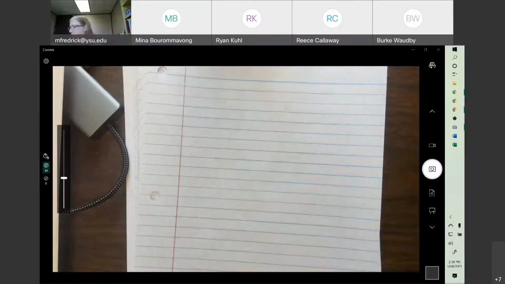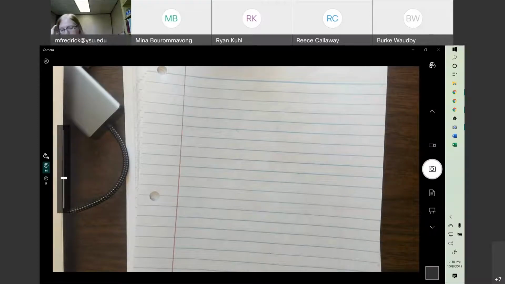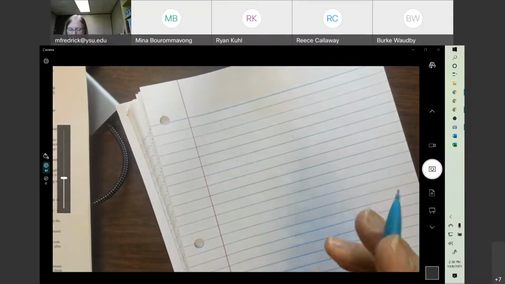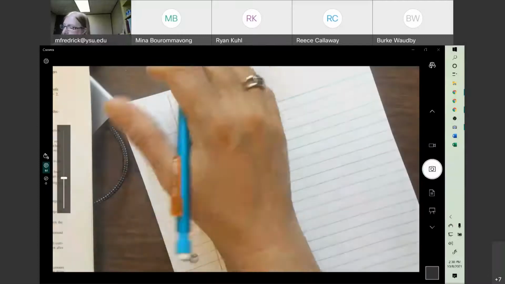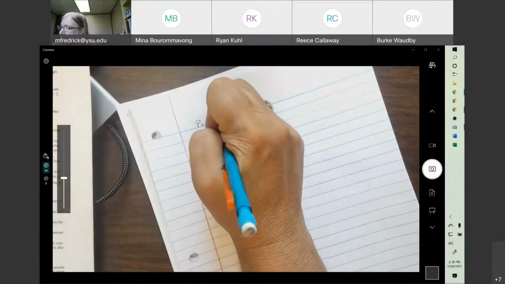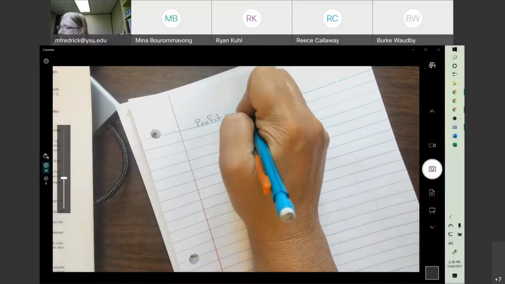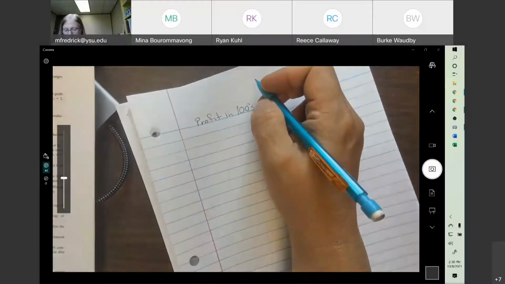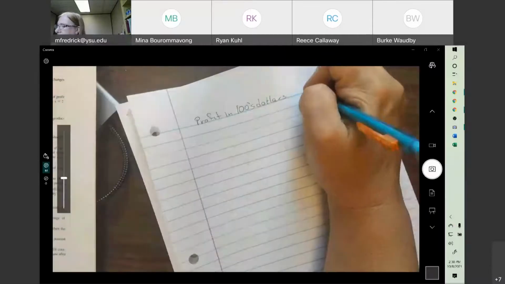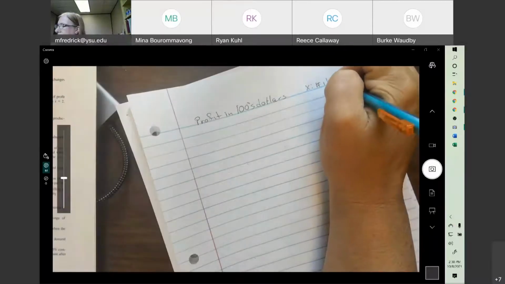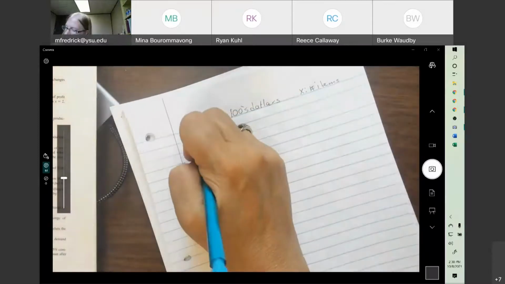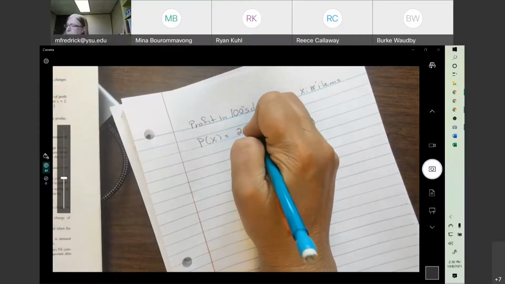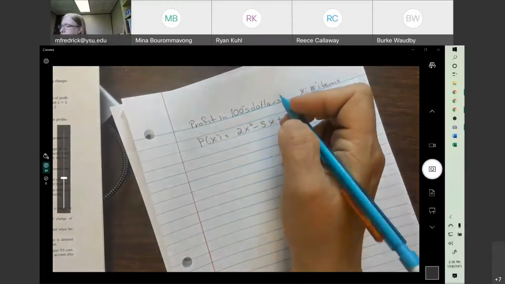Okay. Try a story problem. Suppose that the total profit, in hundreds of dollars, from selling x items is given by P of x equals 2x squared minus 5x plus 6.